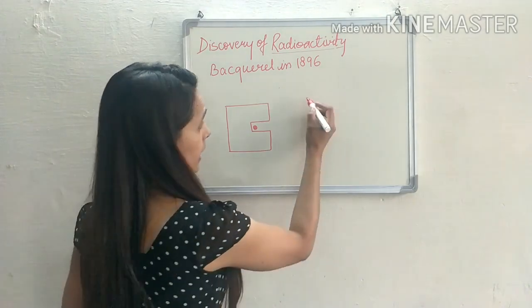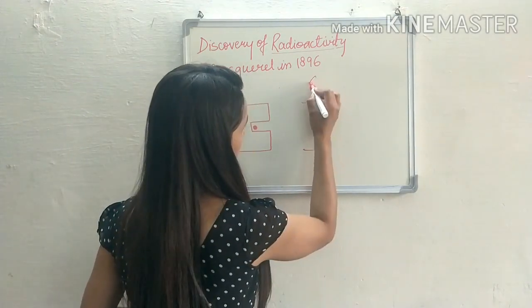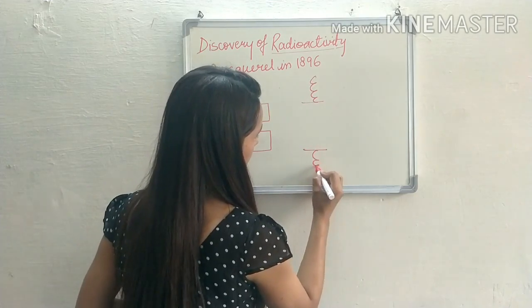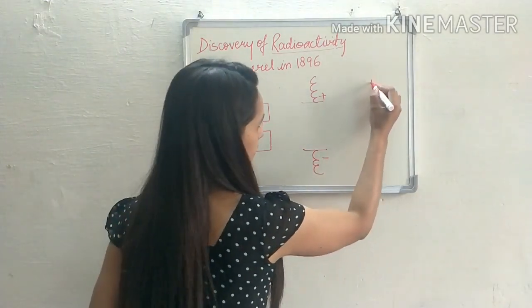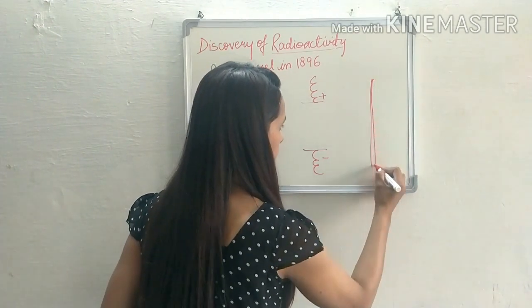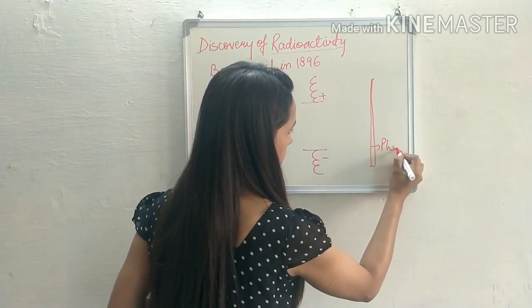Then he makes an electric field here, positive and negative, and here he places a photographic plate.